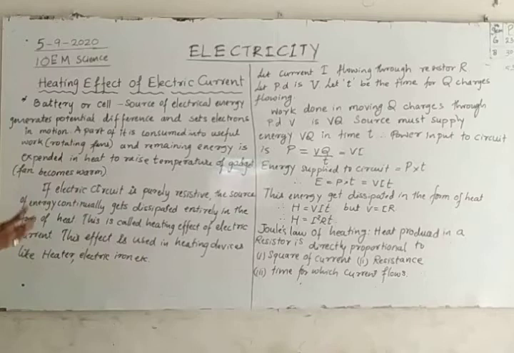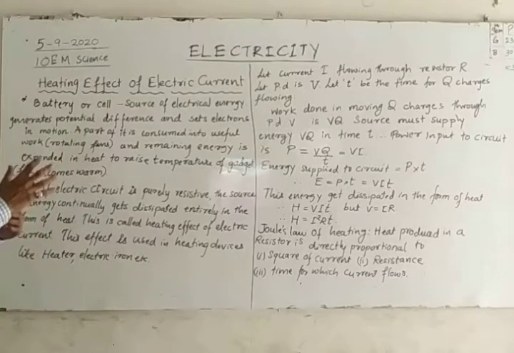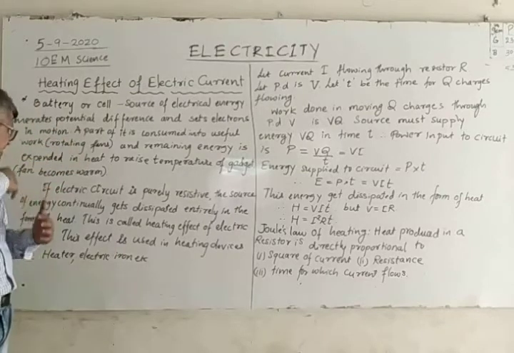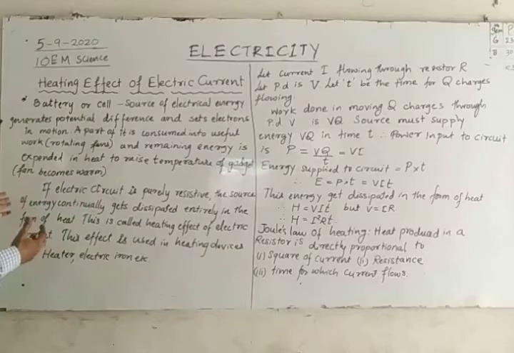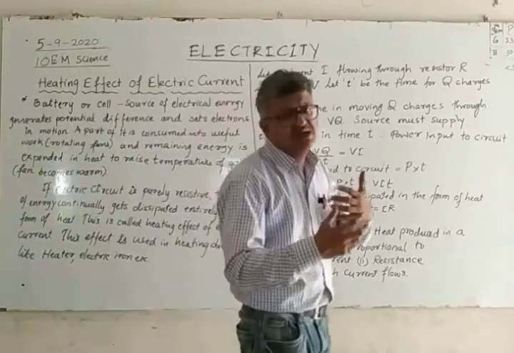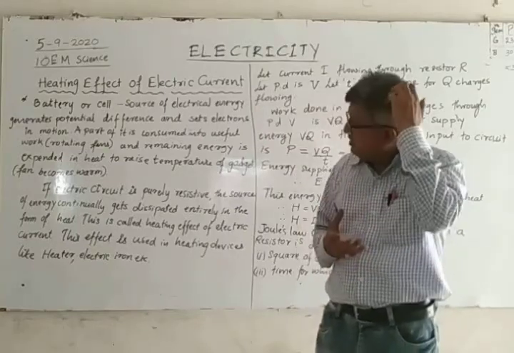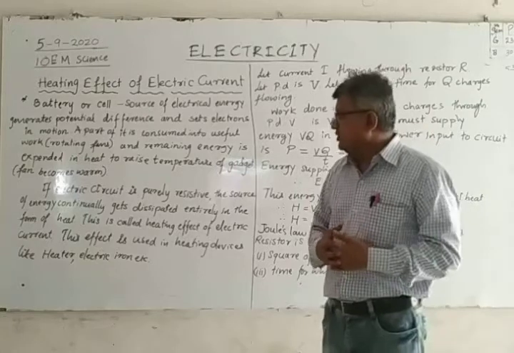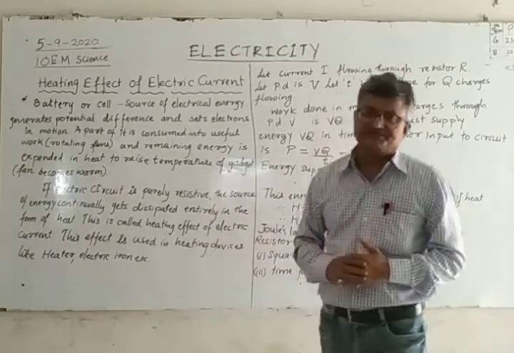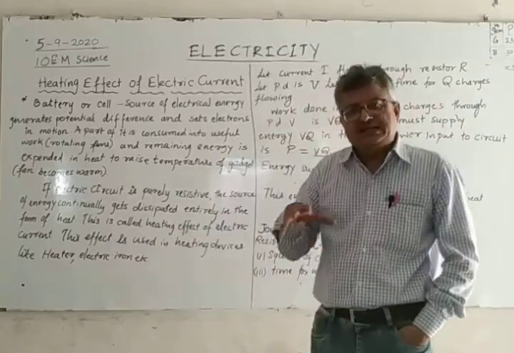Dissipated means it is continuously given and converted into heat. If the resistance of the circuit is very high, this is called the heating effect of electric current.